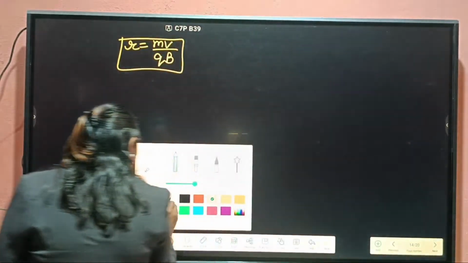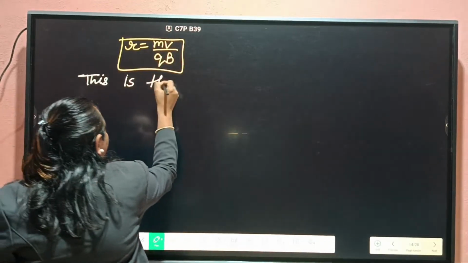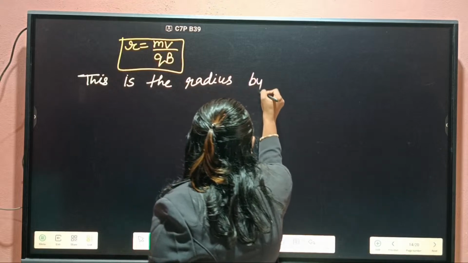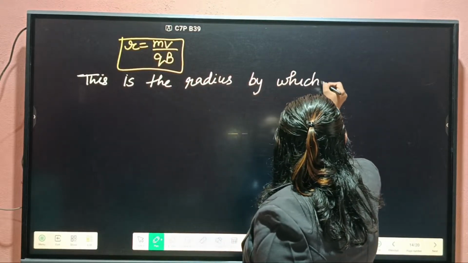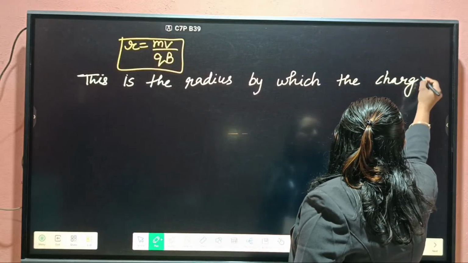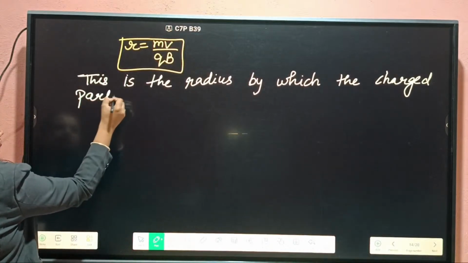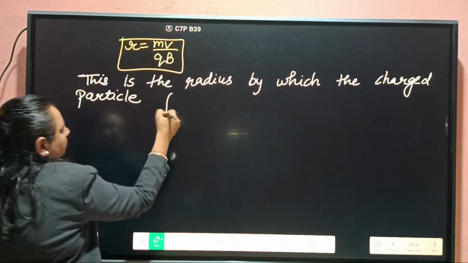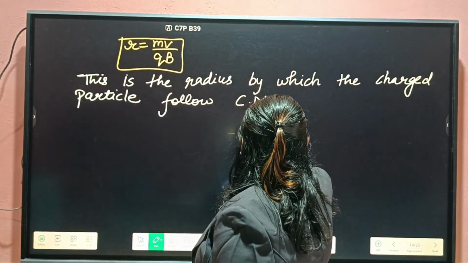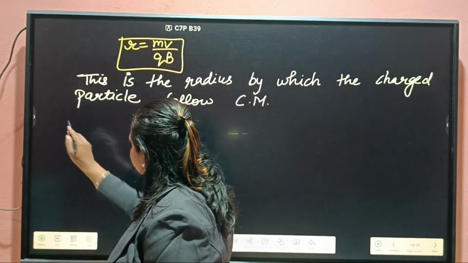So this is a radius, ठीक है, this is the radius by which the charged particle follows the circular motion, ठीक है, इस रेडियस के साथ जो है charged particle move करेगा.